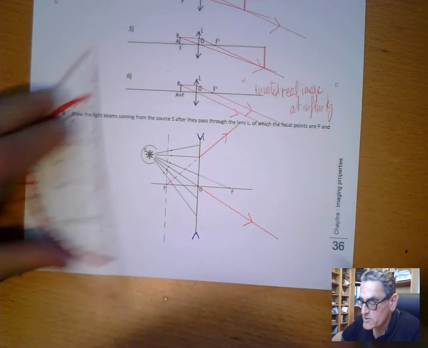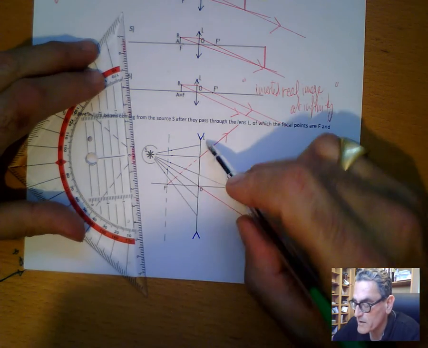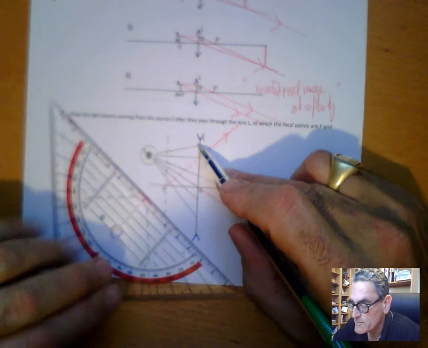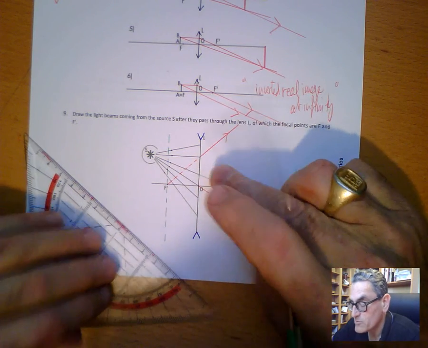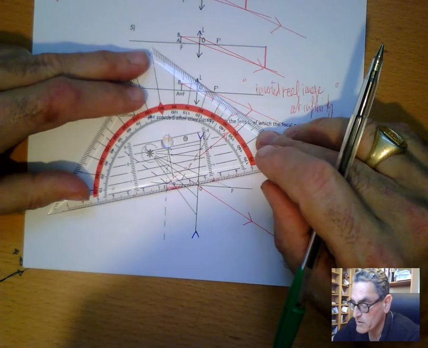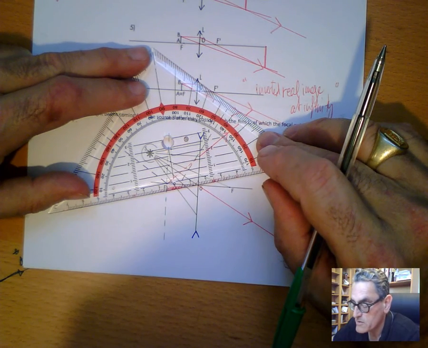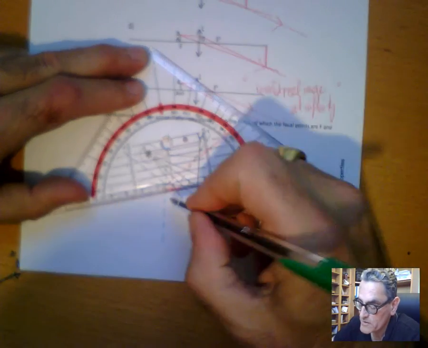Okay, so now we construct the focal plane, and what else do we do? We draw a parallel to the incoming light ray. Okay, so if I want to draw a parallel to that, I need to do this.